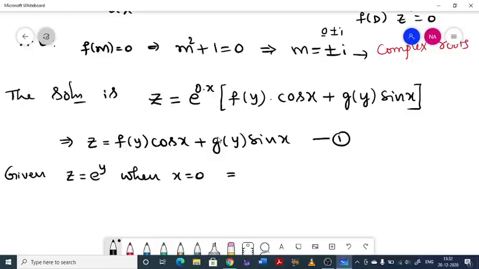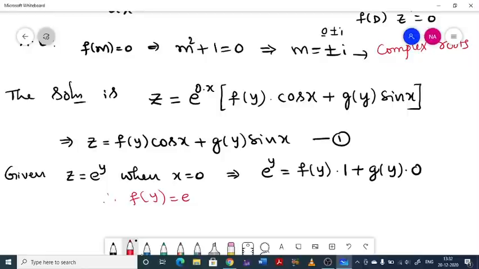So using this in this equation 1, in place of z I have to write e power y equal to f of y into, I have to put x equal to 0, cos 0 you get 1, plus g of y into sin 0, which is 0. So from this you get f of y equal to e power y.